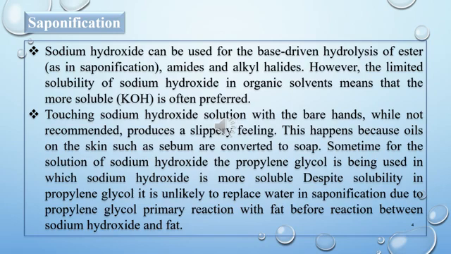Dear students, in the previous two lectures, we have discussed what is sodium hydroxide. Then we have discussed how we can prepare sodium hydroxide by the chloralkali process. In the chloralkali process, we have discussed three cell processes which were diaphragm cell process, mercury cell process, and membrane cell process.